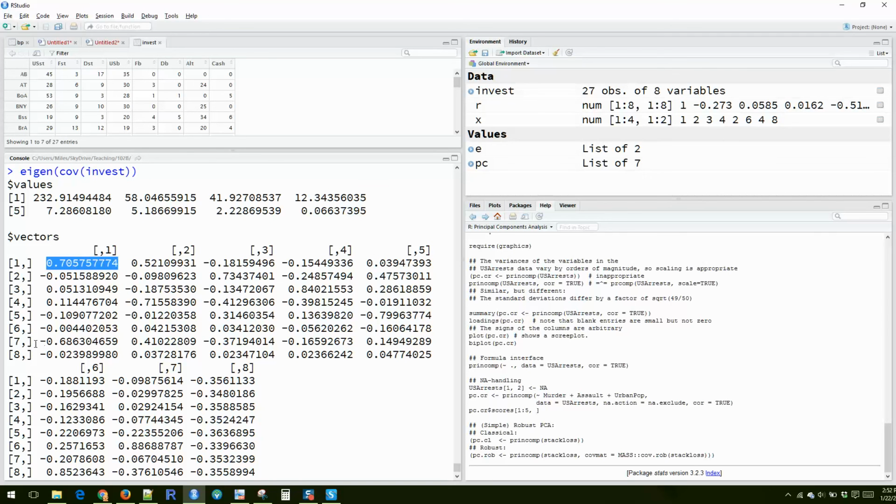So principal component analysis is essentially doing your spectral decomposition, finding the eigenvalues and eigenvectors. If you put the data matrix directly into the principal components command, it does it on the covariance matrix of our data here.